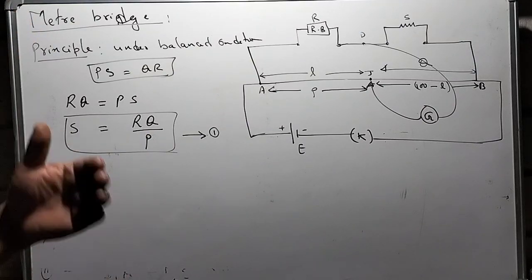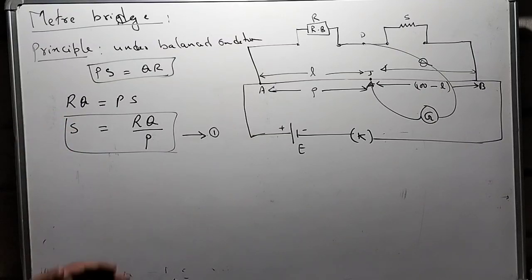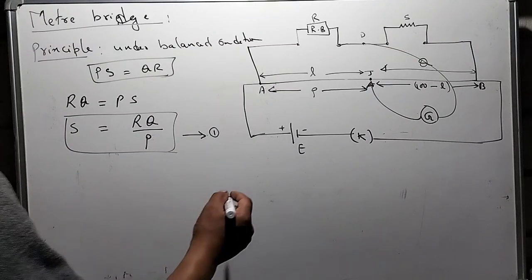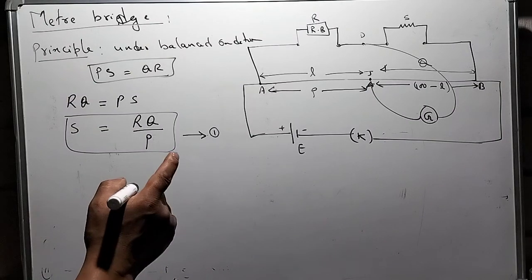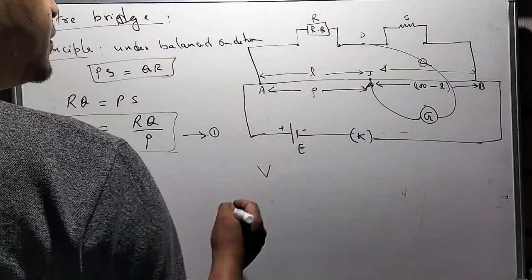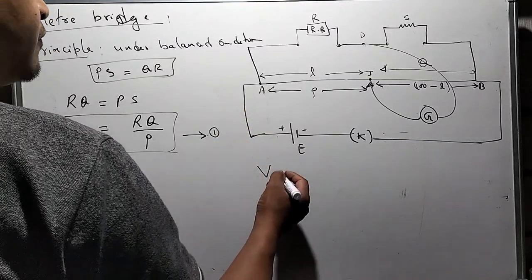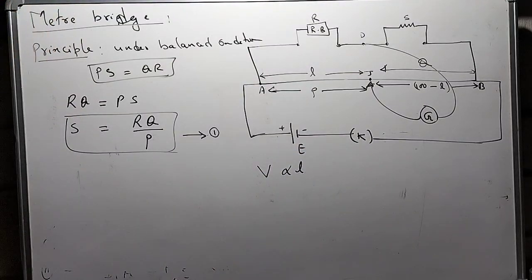Or in other words, if you want to find this unknown resistance S in terms of the length of the wire, then I will say like this. If you remember from the principle of potentiometer, the potential drop across the length of the wire is directly proportional to the length of the wire.